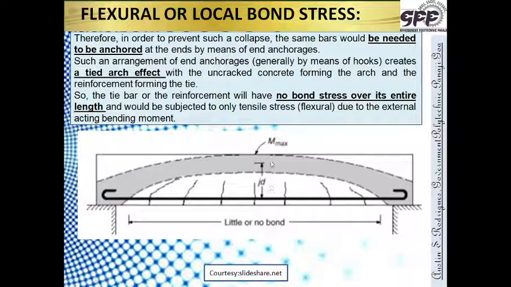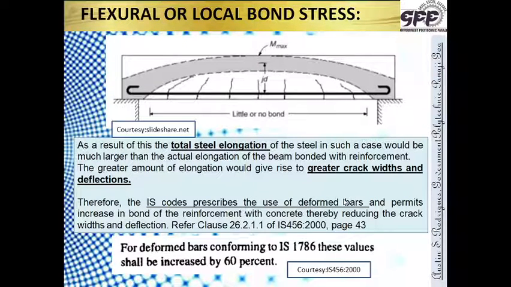That force in tension multiplied by the lever arm would be equal to the bending moment, which we have already seen in the previous chapter. So this reinforcement down here is loaded only due to the flexure, only due to the bending moment coming on it, and there is no bond stress existing anywhere in this bar over its entire length.